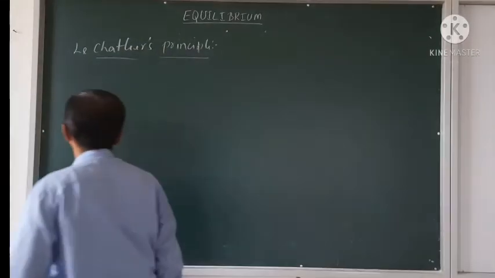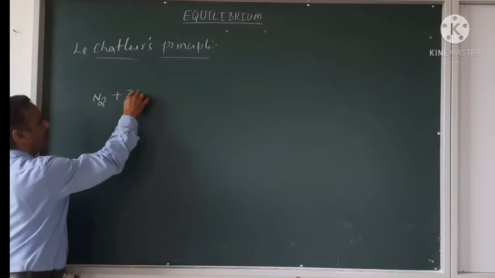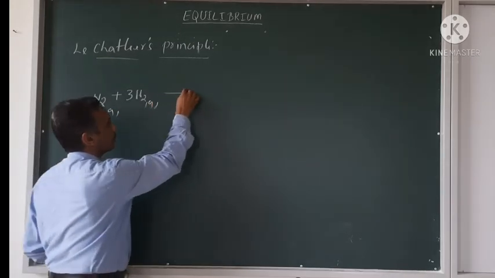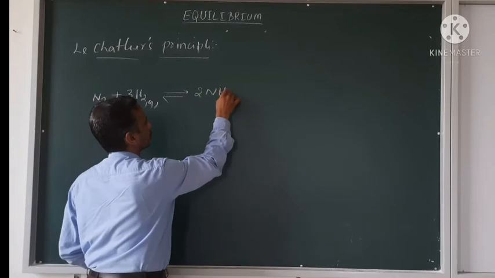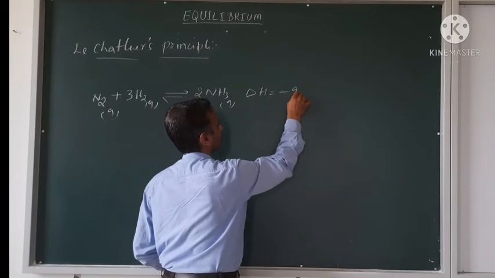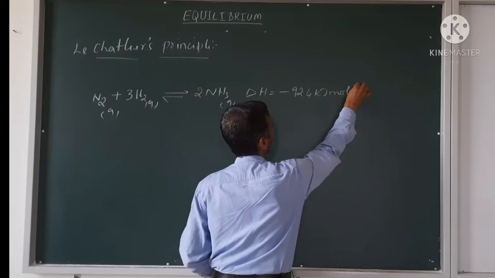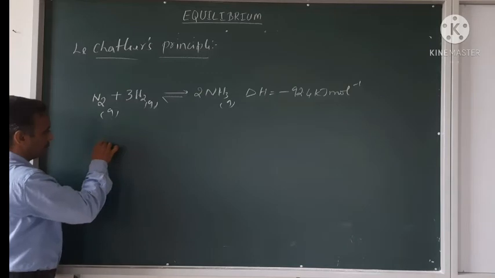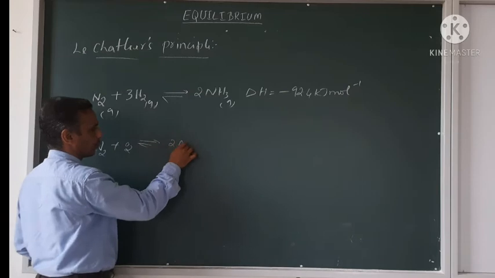See here. When nitrogen is reacting with hydrogen, it gives 2NH3 gas with a delta H of minus 92.4 kilojoules per mole, or N2 plus O2 gives 2NO.